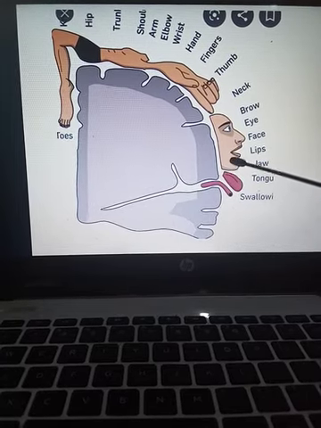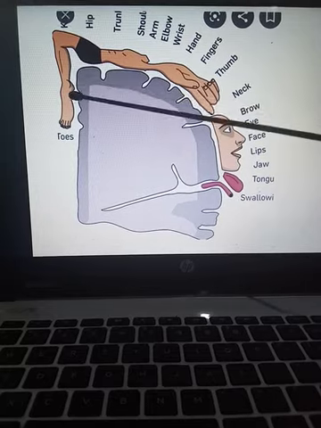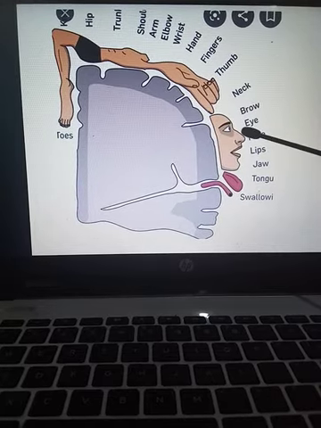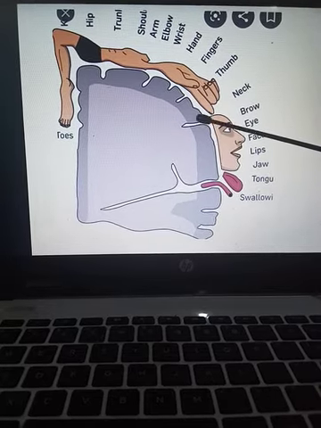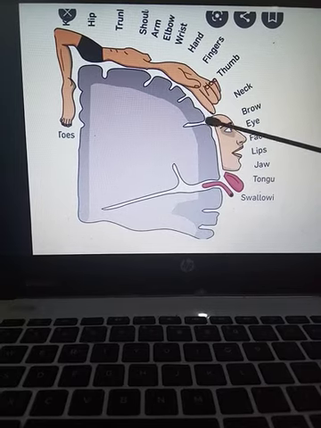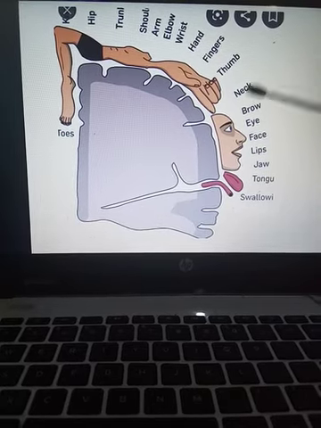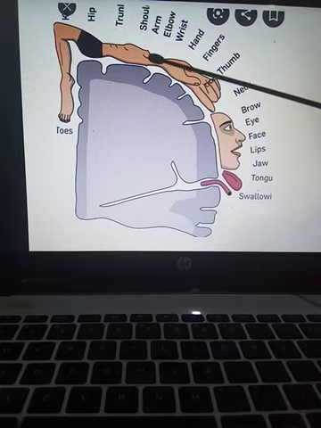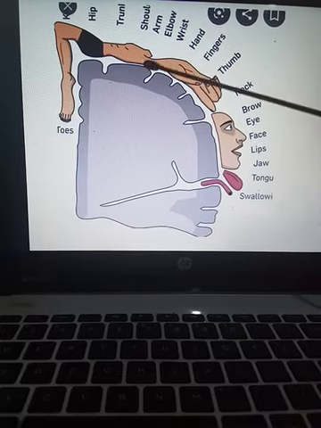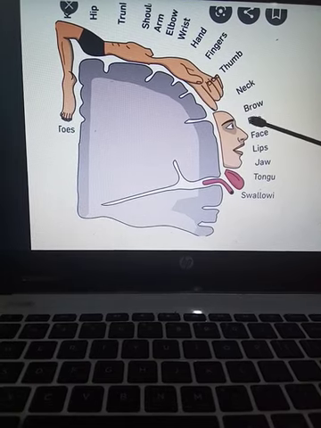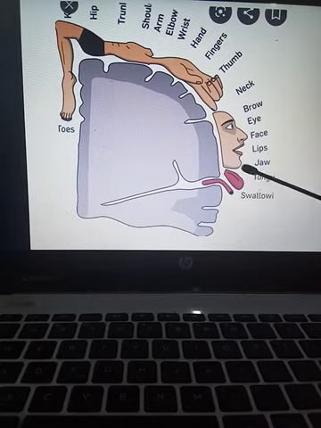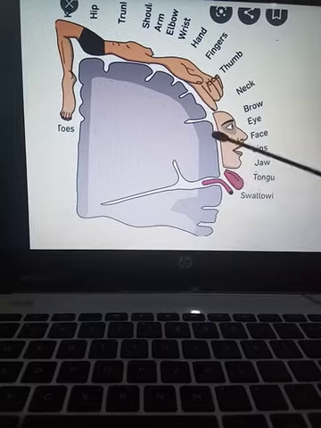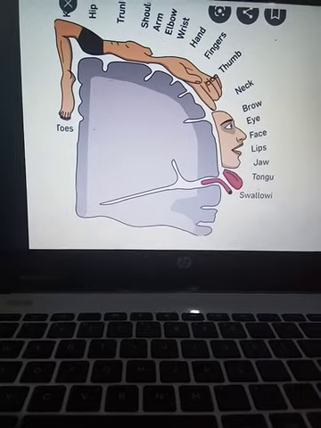See, your head here is placed downwards and the limb is placed upwards, and the area occupied in the cerebrum by these body parts is associated with the motor activities. Like the hand has a good motor activity, so the area of representation is more on the cerebrum. Similarly, the tongue has a good motor activity, so the area of representation on the cerebrum is more.